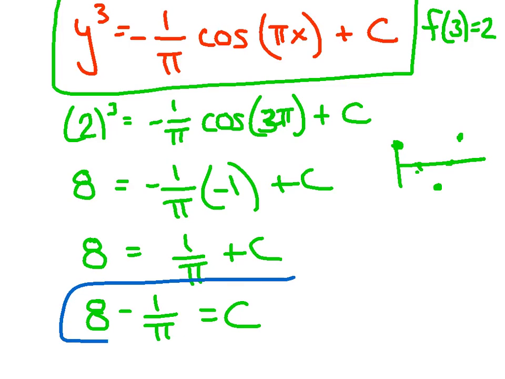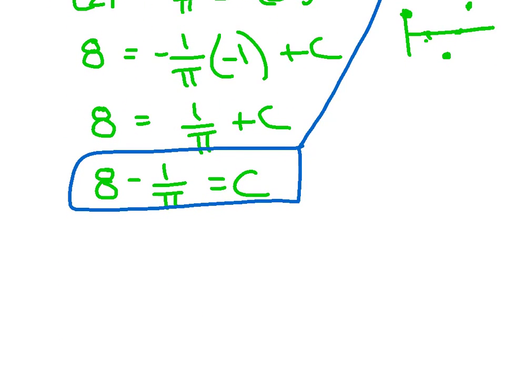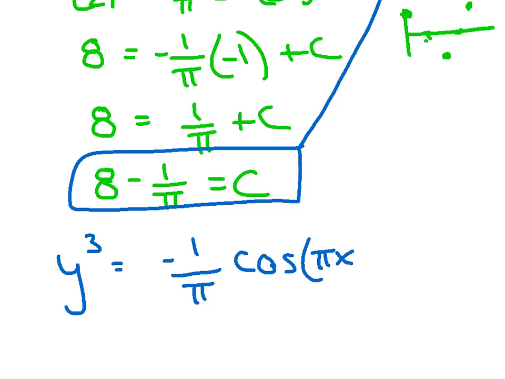All right, now that you've got c, remember you are not done. That goes back into your equation. So I've got y cubed equals negative 1 over pi cosine of pi x. And now instead of saying plus c, I'm going to say plus 8 minus 1 over pi. And just one more step to go. I want to solve for y, so I want to take the cubed root of both sides.